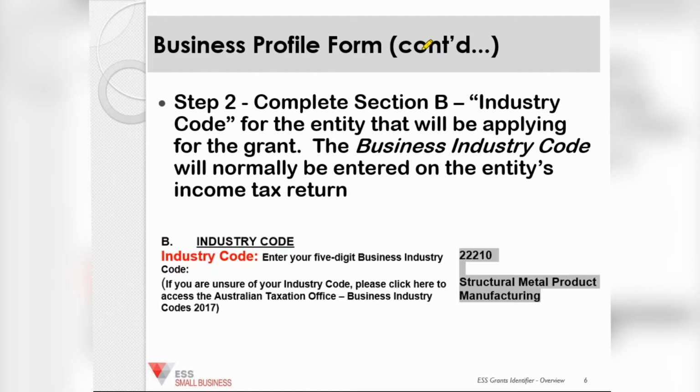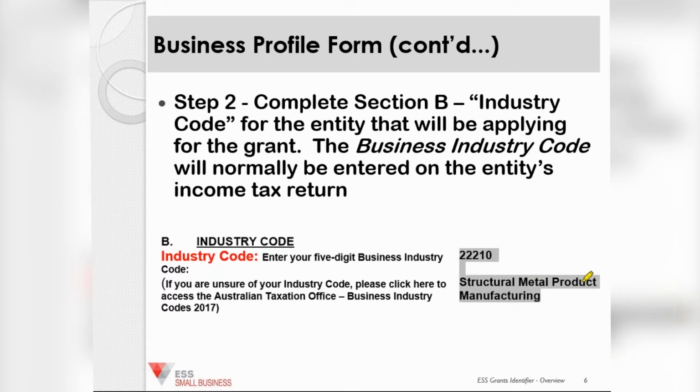The next question relates to the industry code. This is very important because this allows us to connect your type of business to the various grants that are on offer by the governments, both state, federal and territory. The industry code is a 5-digit number, and it is the code that the Australian Taxation Office utilises to describe a type of business.